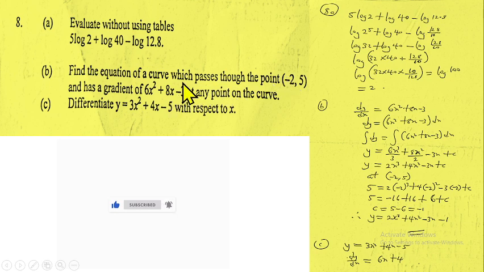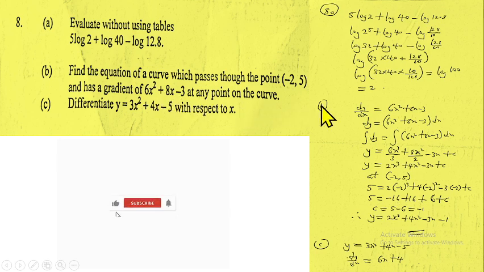So like I said, we are looking for an equation which we don't know the nature of, but we know that when the equation we are looking for was differentiated, because when they found the gradient it means differentiation, they got 6x squared plus 8x minus 3.